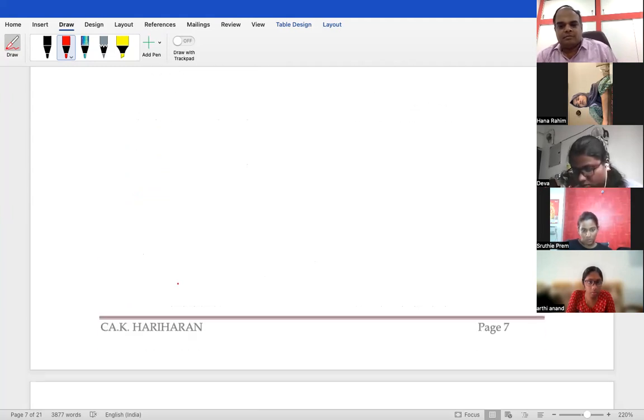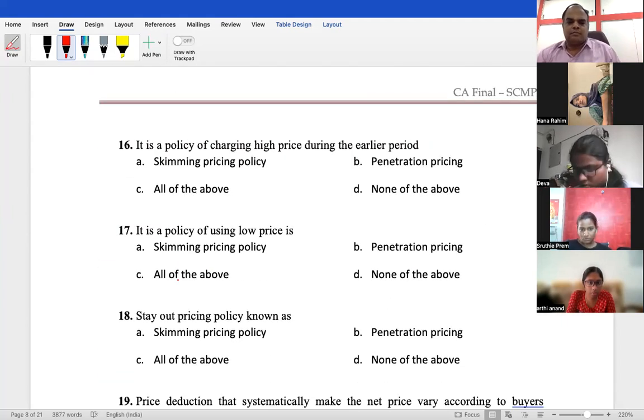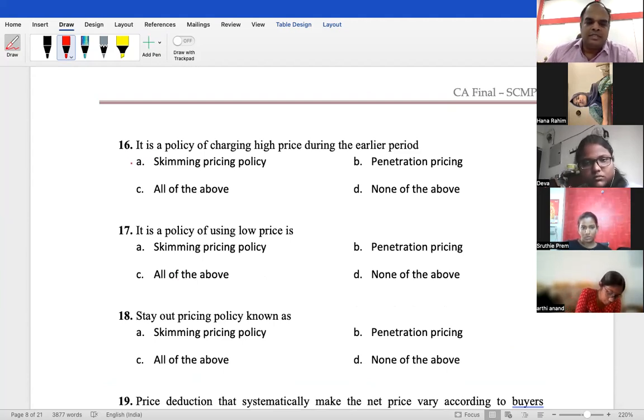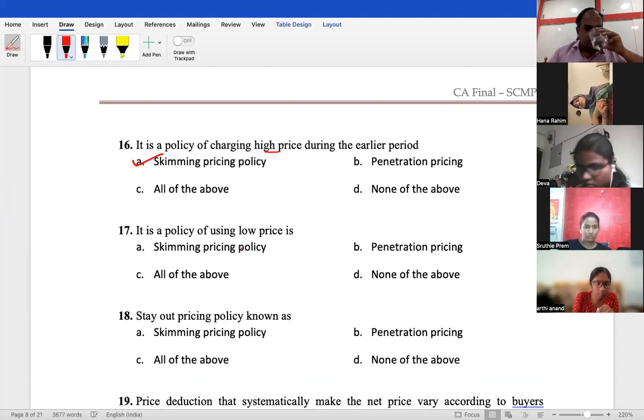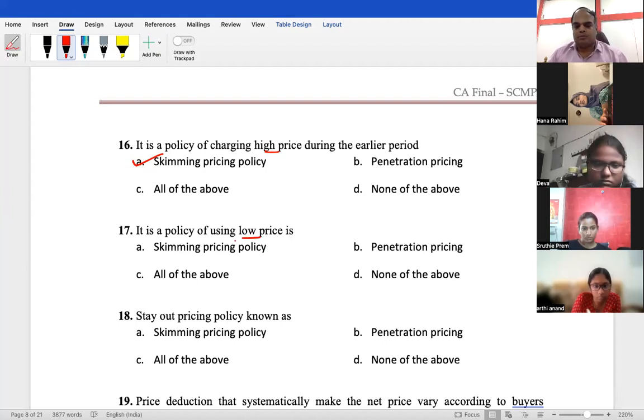It is a policy of charging high price during the earlier period. Skimming pricing, penetration pricing, all of the above, none of the above. Skimming pricing, charging high price. It is a policy of using low price. Skimming pricing, penetration pricing, all of the above, none of the above.